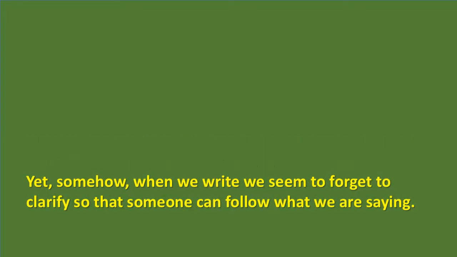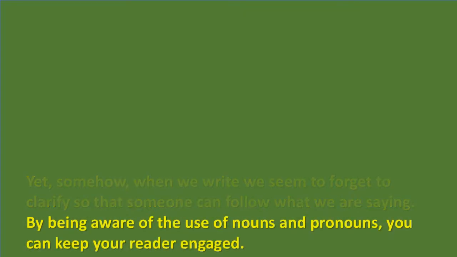Yet somehow when we write, we seem to forget to clarify so that someone can follow what we are saying. By being aware of the use of nouns and pronouns, you can keep your reader engaged.